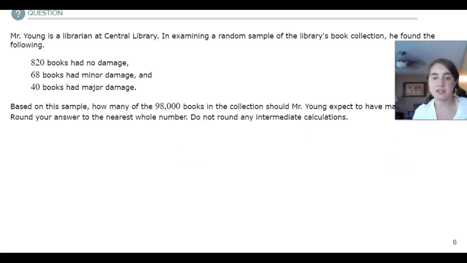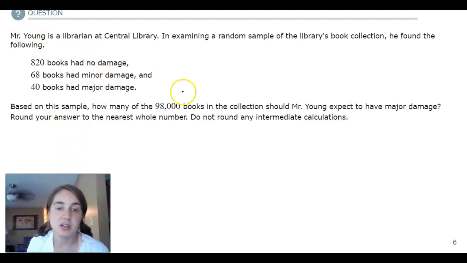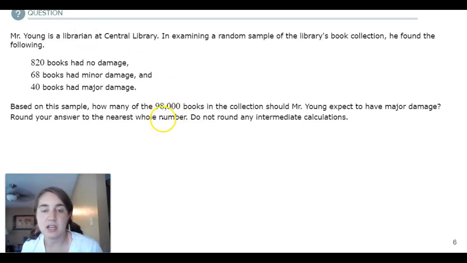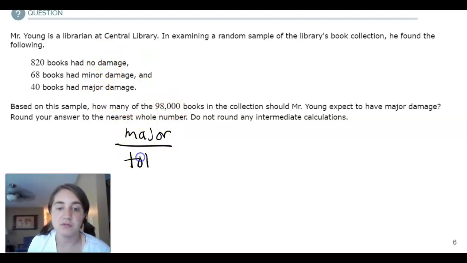If we try this one, this is a library. Books had no damage, minor damage, and major damage. There are 6,800,000 books total. How many do we expect to have major damage? So I'm going to do major over total.